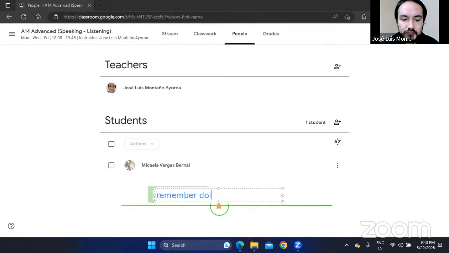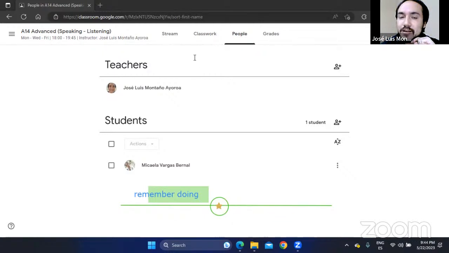Remember doing. So we're remembering something that we did before the time at which we said that. Before the time at which we are saying that we remember. So I remember doing something that happened in the past.